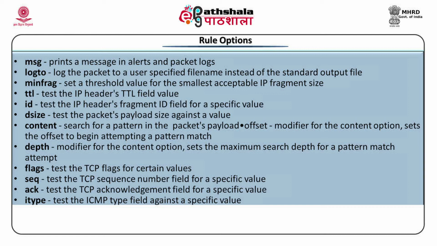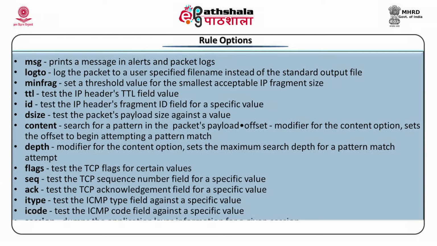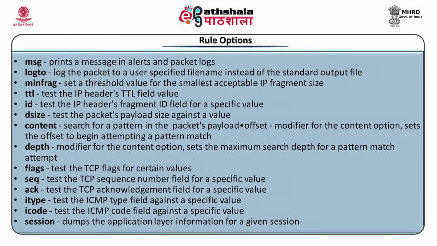So if the ICMP type is 3, there are certain ICMP codes related to it. For example, ICMP type 3 is could not deliver the message, host unreachable. Host unreachable can be because of various reasons. Either the host is down, the host is up but not listening, or the network is down, or some other reason.